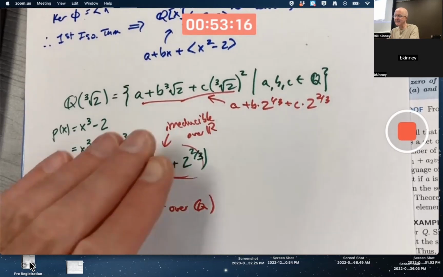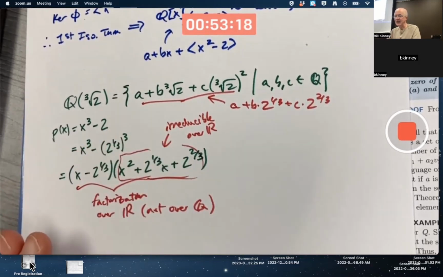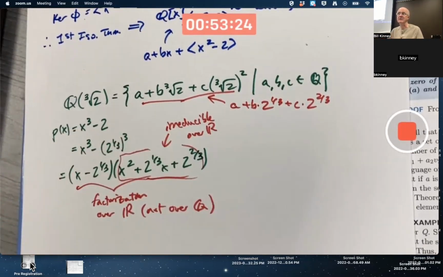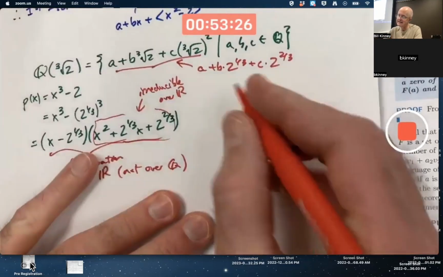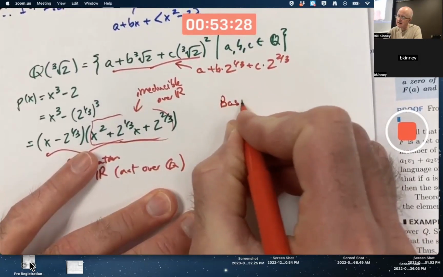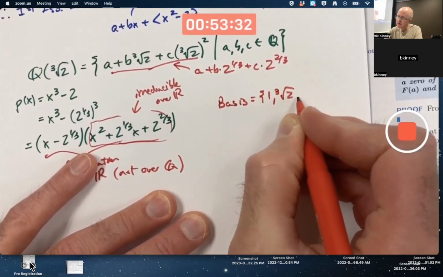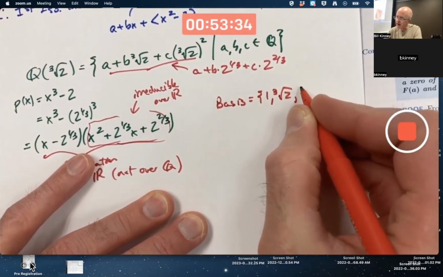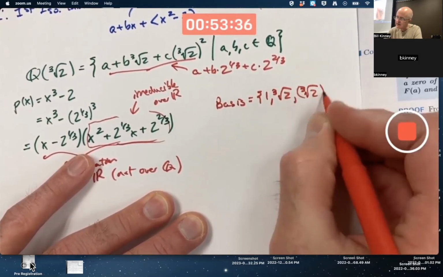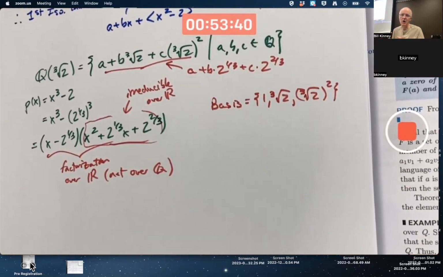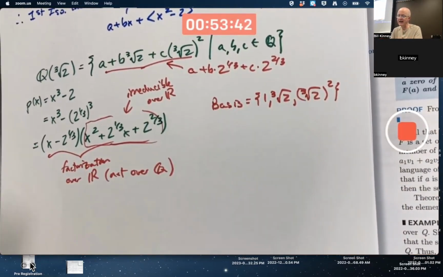So that evidently is enough to say that this is a 3-dimensional vector space over the rationals. A basis would consist of 1, cube root of 2, and cube root of 2 squared. I mean, that would take proof to show. Well, the theorem is implying this is a spanning set.